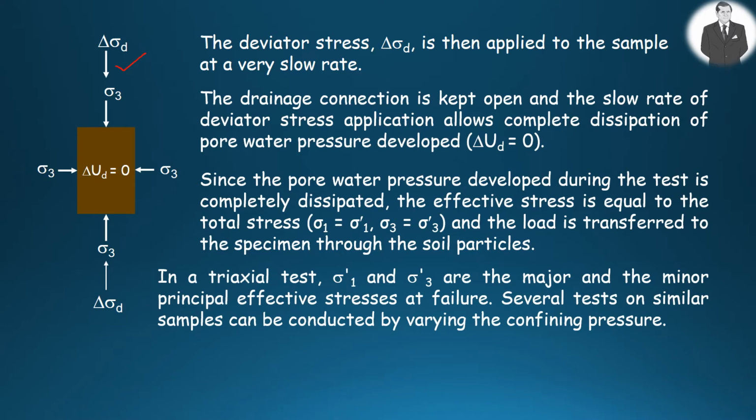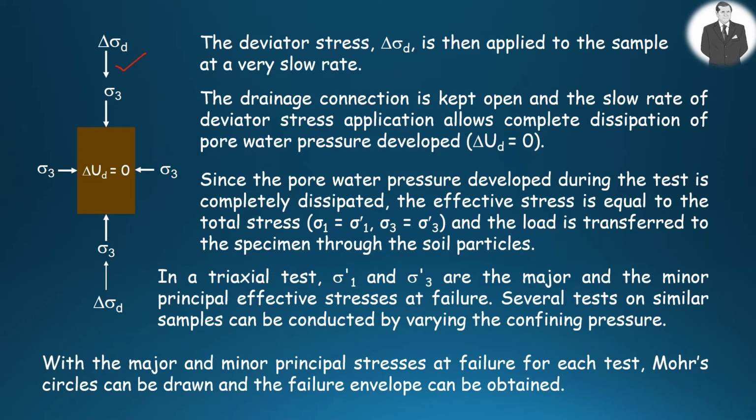In a triaxial test, sigma 1 prime and sigma 3 prime are the major and minor principal effective stresses at failure. Several tests on identical samples can be carried out by varying the confining pressure.